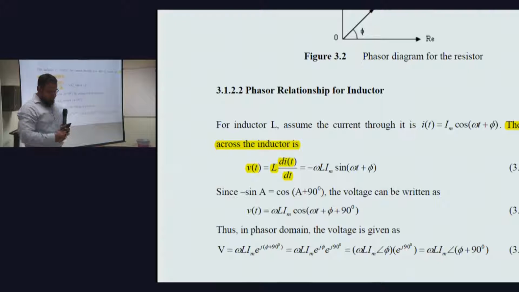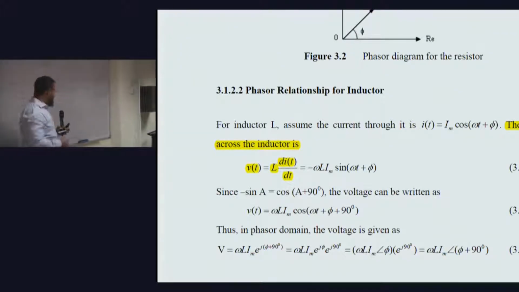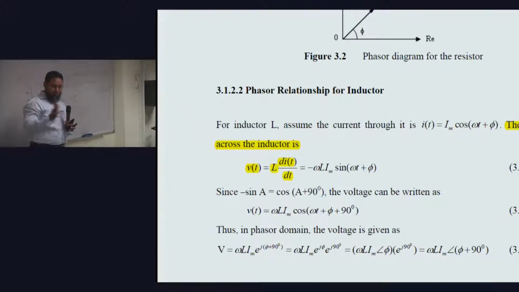Now let's have a look at the impedance of a capacitor. We know the impedance of an inductor is purely what? It's a pure imaginary number without any real part, and the impedance of a resistance is a pure real number without any imaginary part. So let's have a look at the impedance of the capacitor.